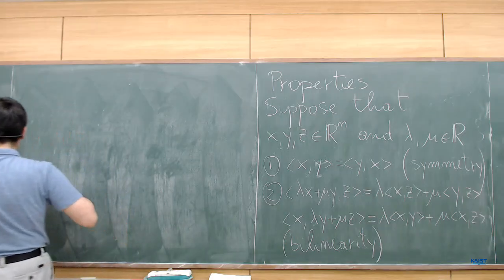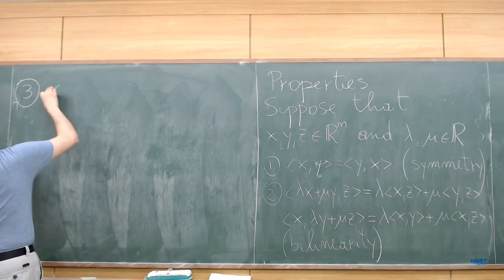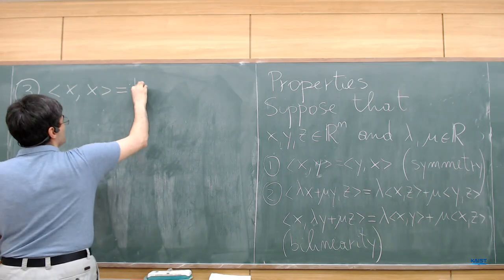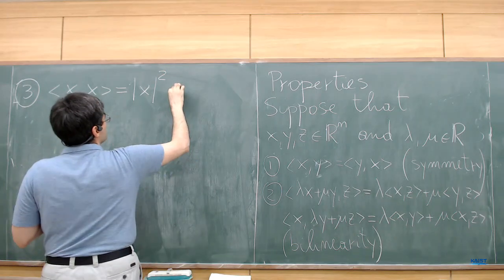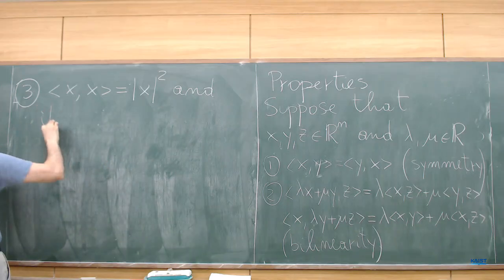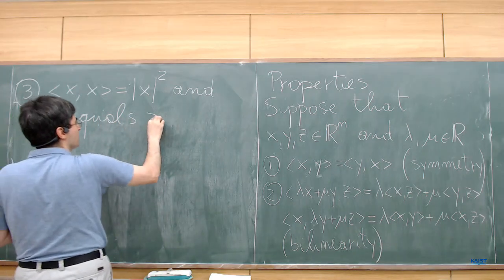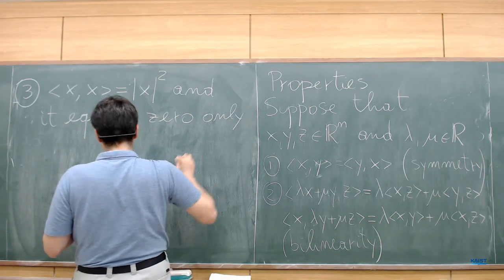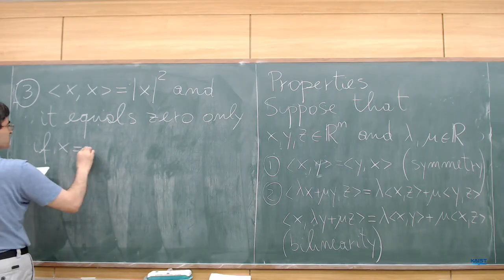Property number 3 says that the inner product of a vector with itself is the length of this vector squared, and it equals 0 only if x is a zero vector.